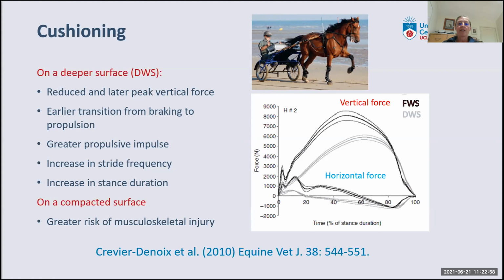The difference here, perhaps a slight bit different to actually measuring ground reaction forces, is that this is attached to a force shoe. So it's the horse and the applied force. So if the hoof sinks into the surface, the measurements aren't going to be directly related to the ground level, but they'll be related to whether that hoof has sunk into the surface or not. So there is a little bit of compensation there.